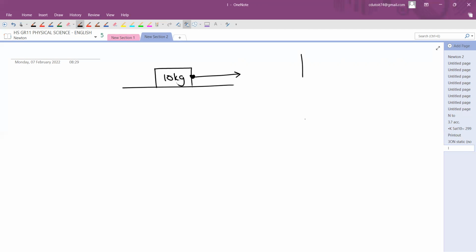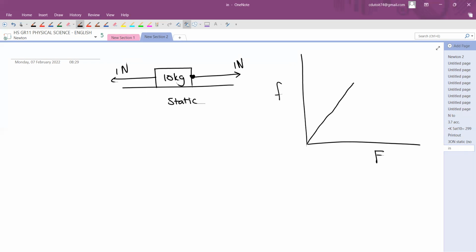So we're going to draw a graph showing the force applied and the frictional force. If you apply 1 newton and it's static, then the frictional force will also be 1 newton. Do you agree? Yeah.